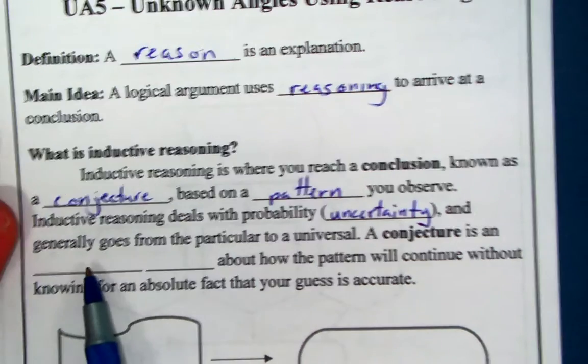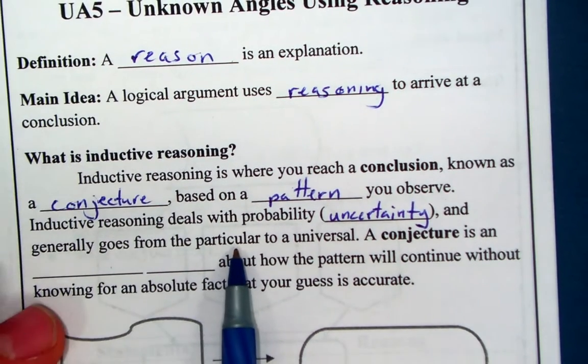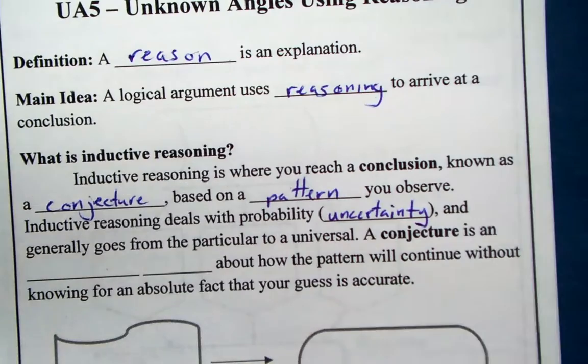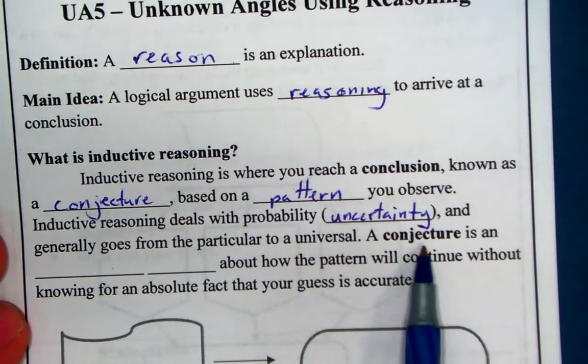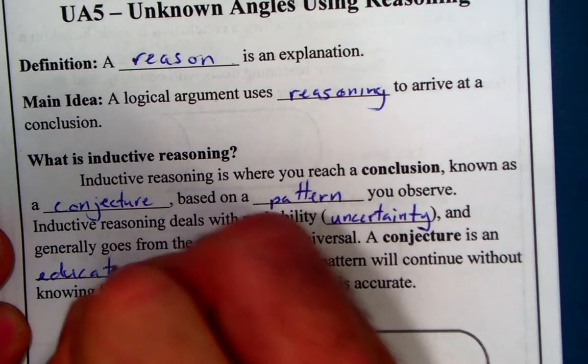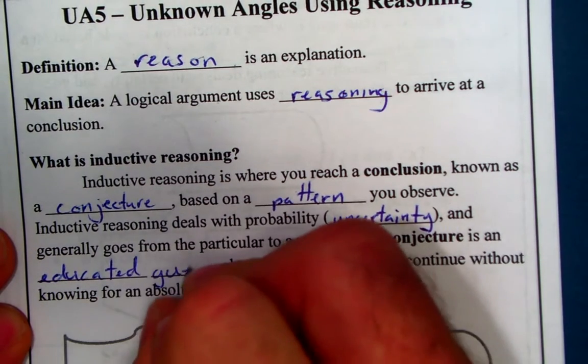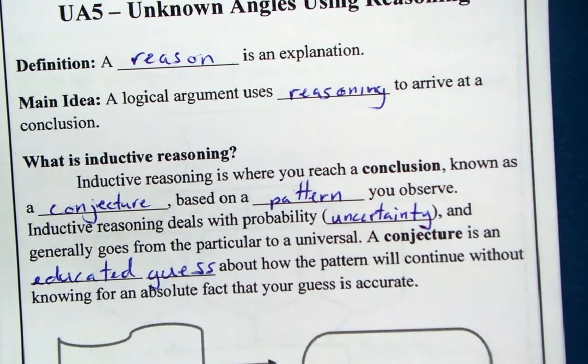In general, it goes from some particular event, like one event, and we use that one event to explain everything. We go from the particular to the universal. A conjecture is just an educated guess about how the pattern is going to continue without knowing for an absolute fact that your guess is accurate.